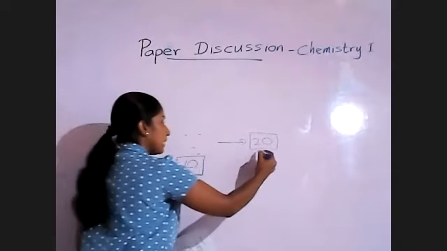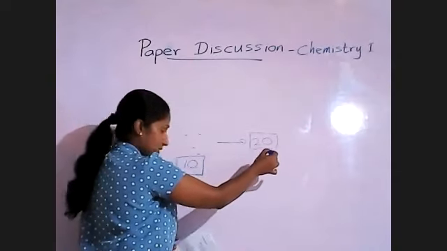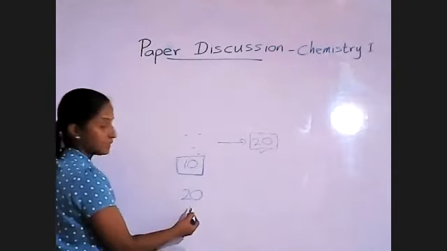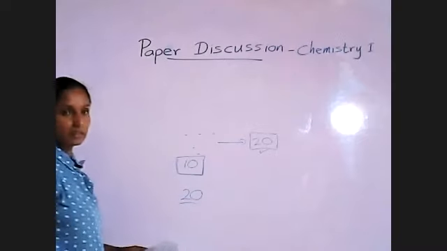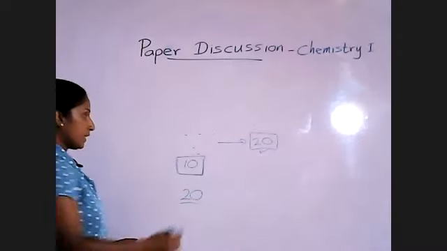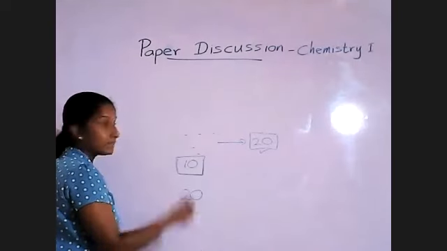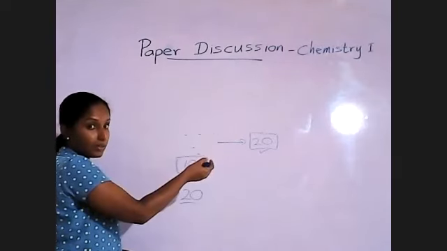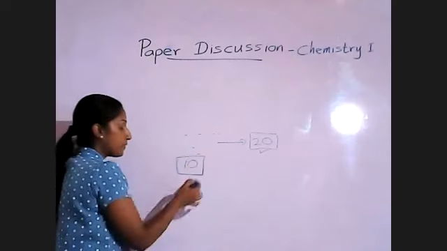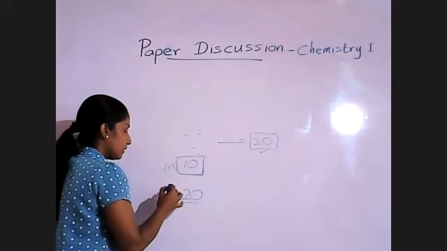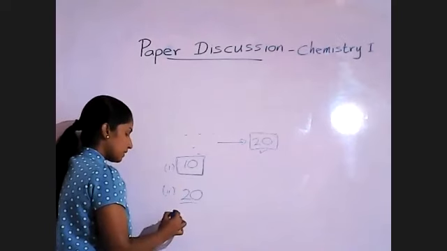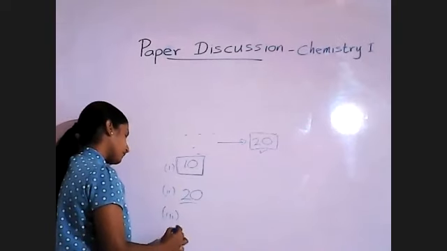So if we get the answer with the mistake as 20 and it is there, then we mark that one. If 20 is not among the 4 options, then we try again.